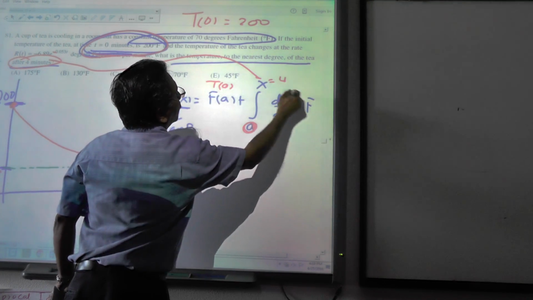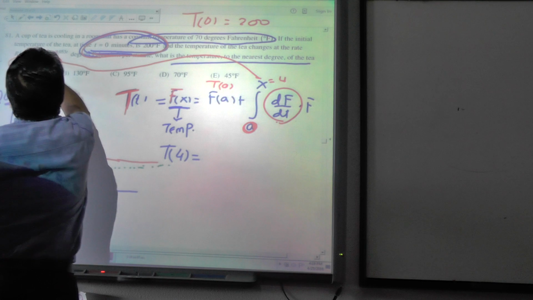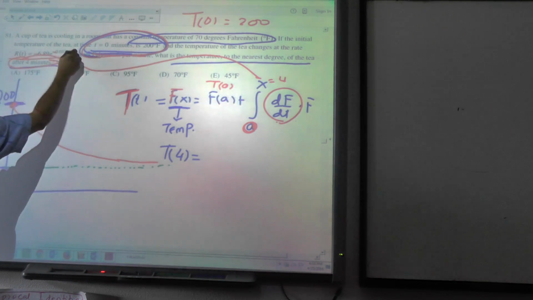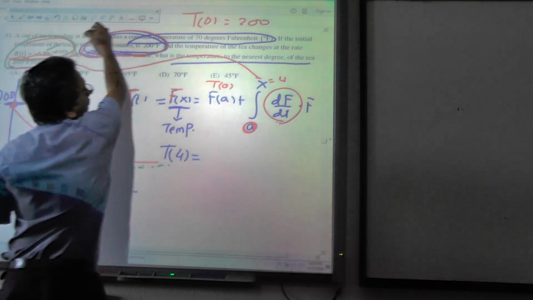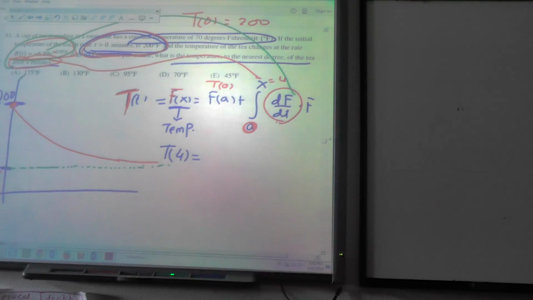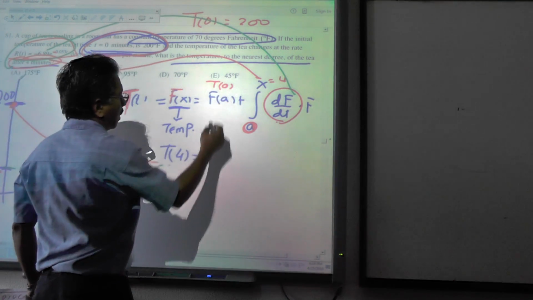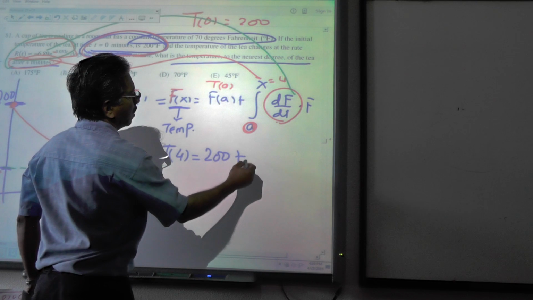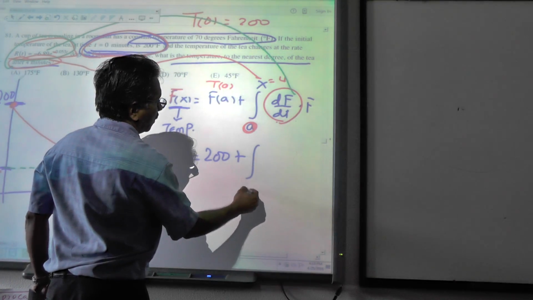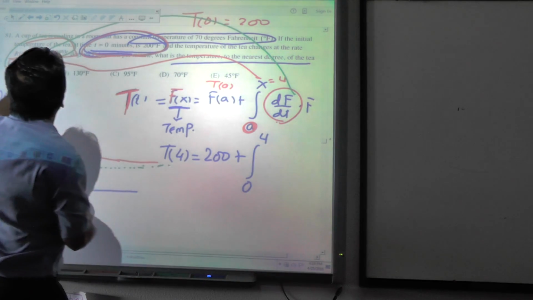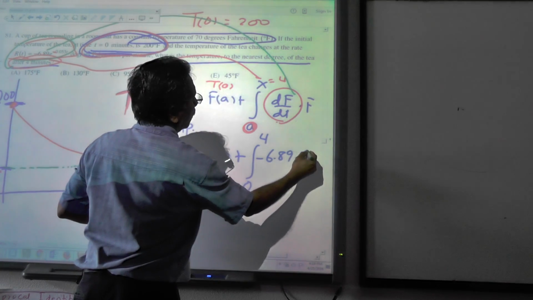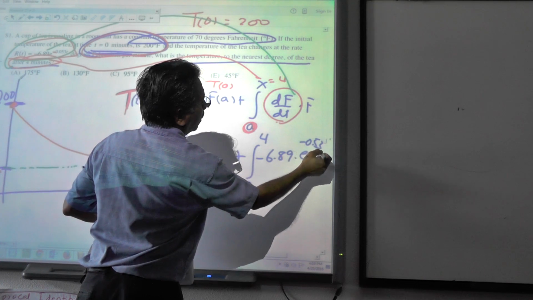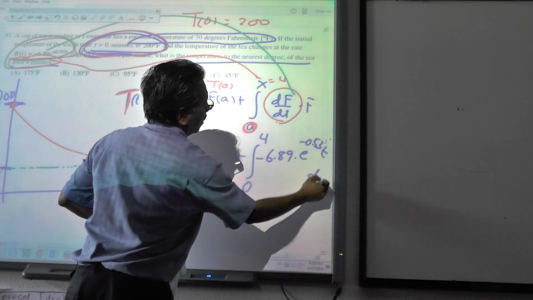And this is the derivative, the rate at which the temperature is getting reduced. So T of 4 is 200 plus the integral from 0 to 4, and you put this one here, minus 6.89 e raised to minus 0.53 t dt.